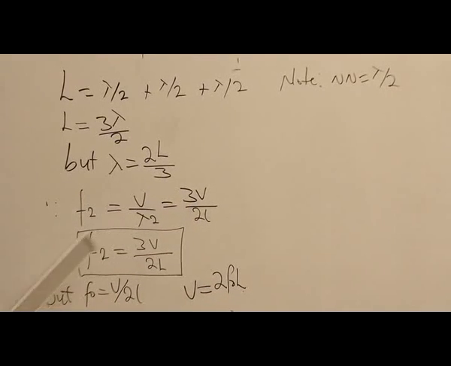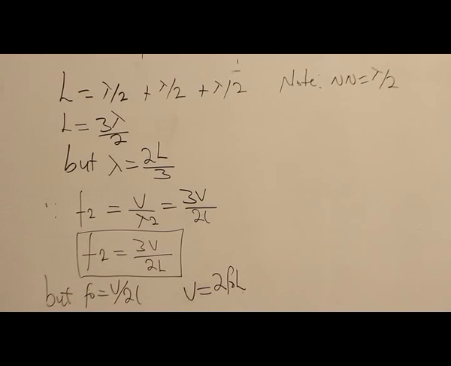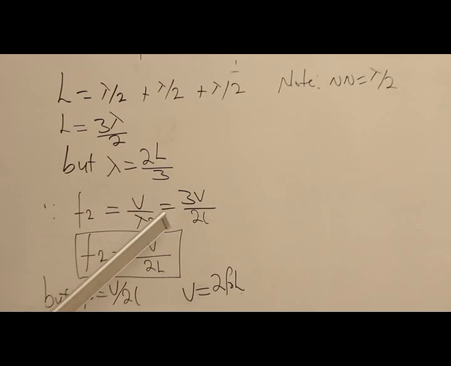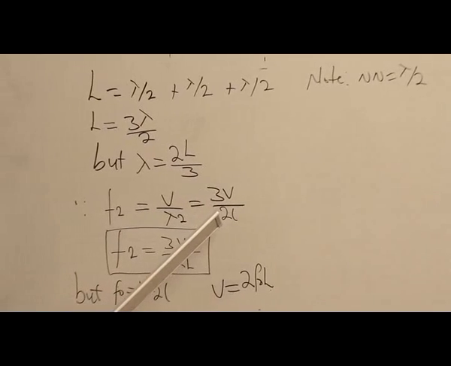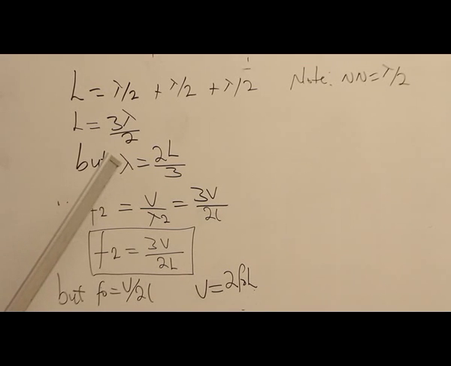This lambda 2 indicates the wavelength in the second harmonic. And this can also be expressed as 3V over 2L, if we replace lambda with 2L over 3.